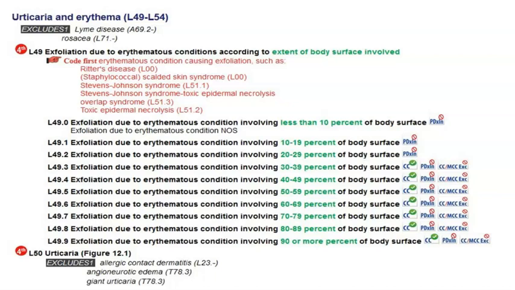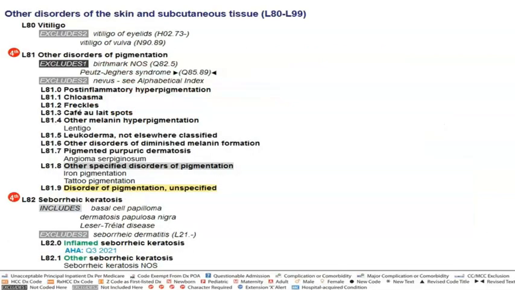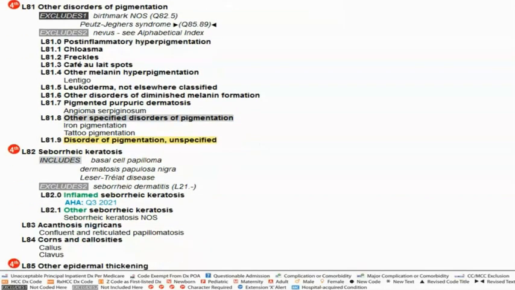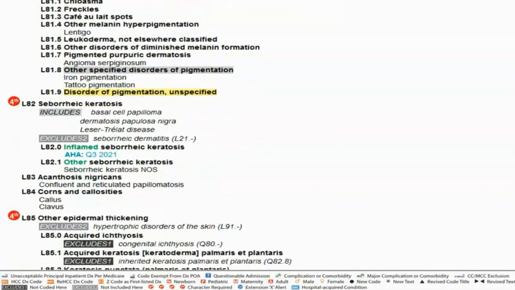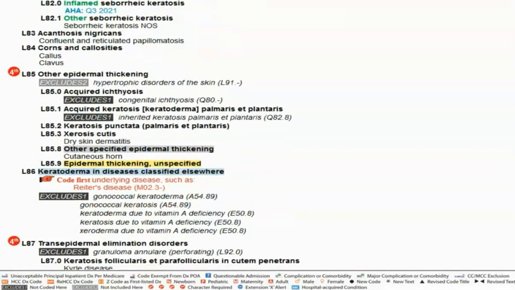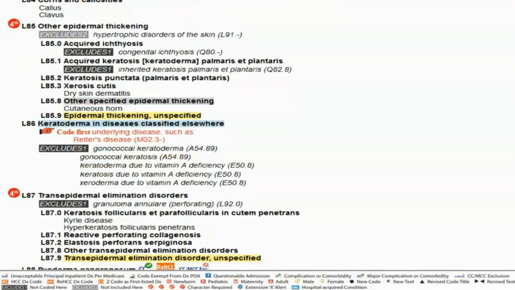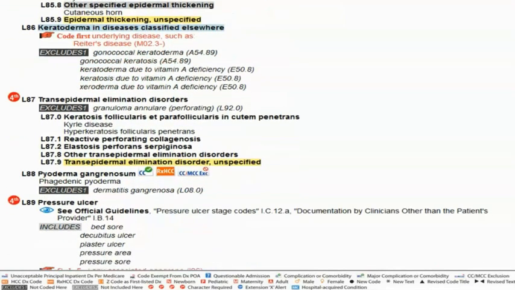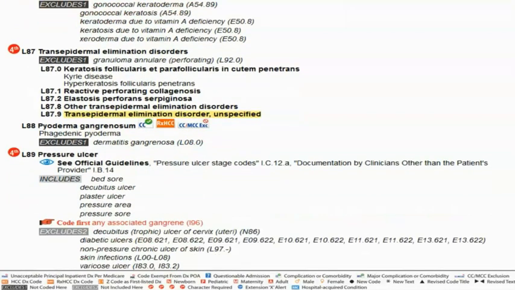This symbol lets the coder know that a fourth character is required. For the diagnosis of skin tags, confirm the ICD-10-CM code you located in the alphabetic index in the tabular list. L91.8 in the tabular is the correct ICD-10-CM code for skin tags.